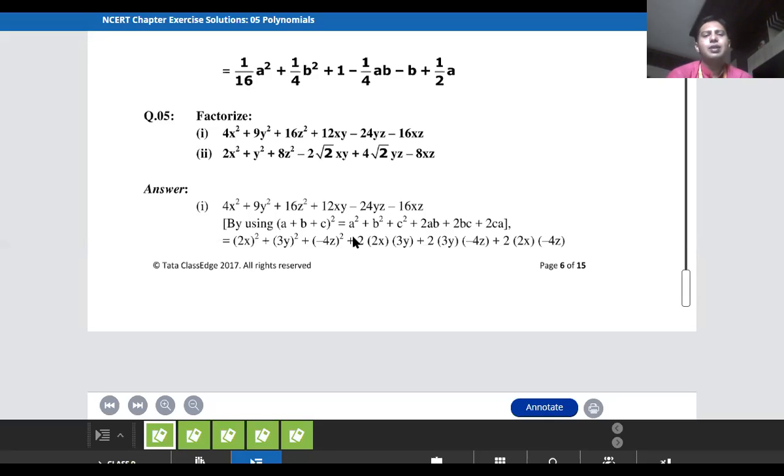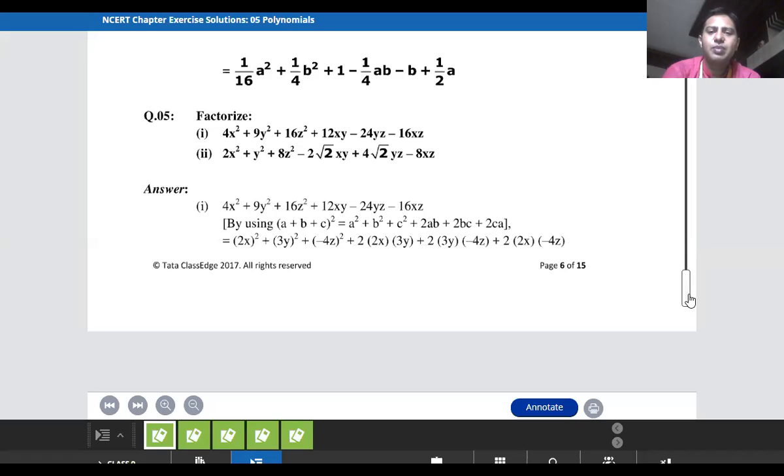So on equating, we get a is equal to 2x, b is equal to 3y, and c is equal to minus 4z. 12xy can be represented as 2 into 2x into 3y. 24yz can be represented as 2 into 3y into minus 4z, and 16xz can be represented as 2 into 2x into minus 4z, that is minus 16xz.